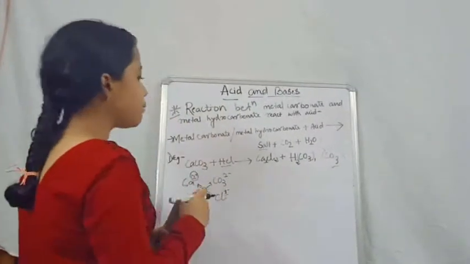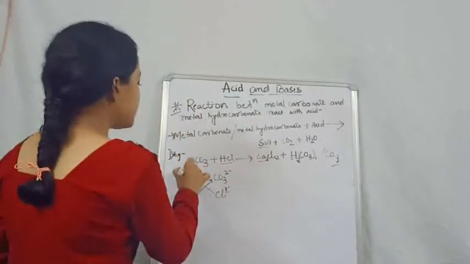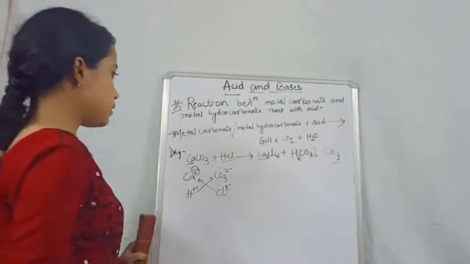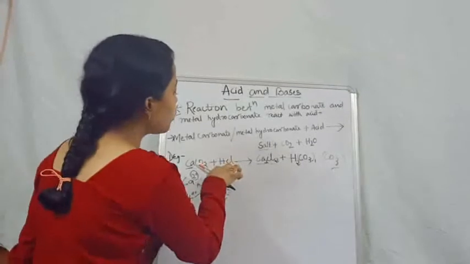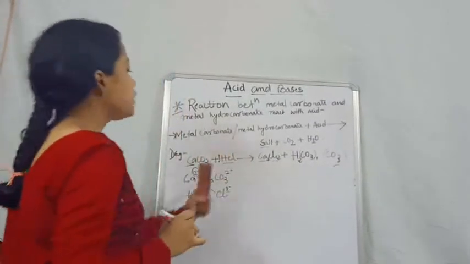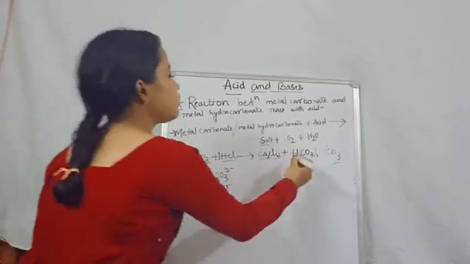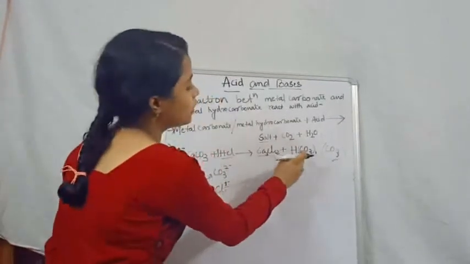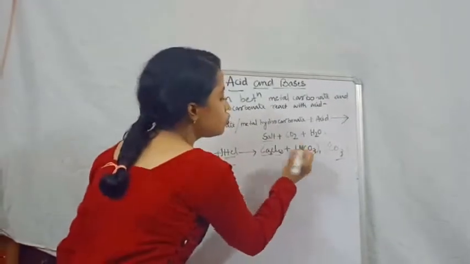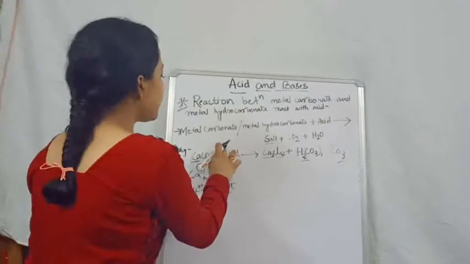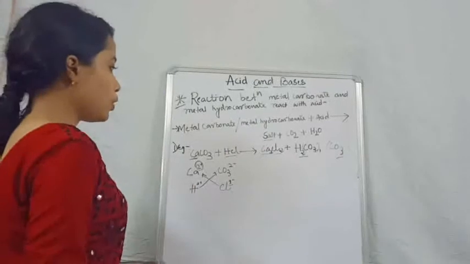Now going to the balanced equation. See, calcium is 1 and this side also we are having calcium as 1. Now chlorine is 2, but in this side we are having chlorine only 1. So we need to balance chlorine at first, but let me recheck whether the hydrogen and carbonate also balance on this side or not. Now see, hydrogen is 2, but we are having hydrogen here as 1, and carbonate is 1, and this part is okay.